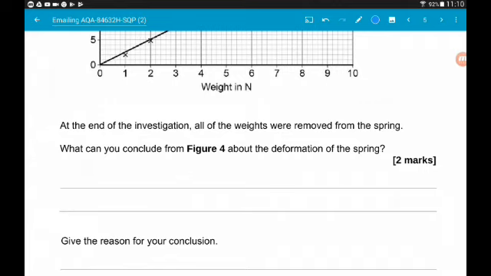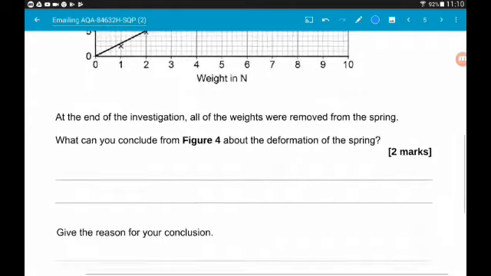At that point we have inelastically deformed the spring because it won't bounce back to its original state. It will stay stretched. So we can say the spring has been inelastically deformed.